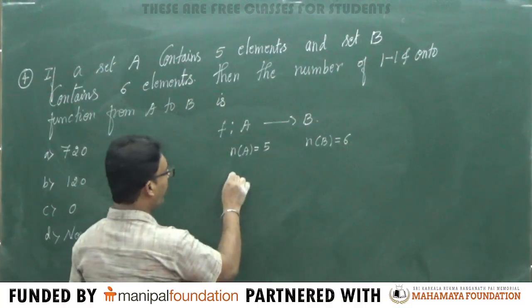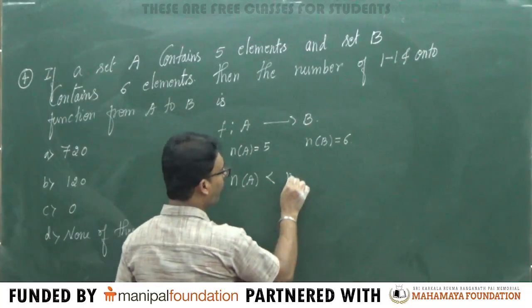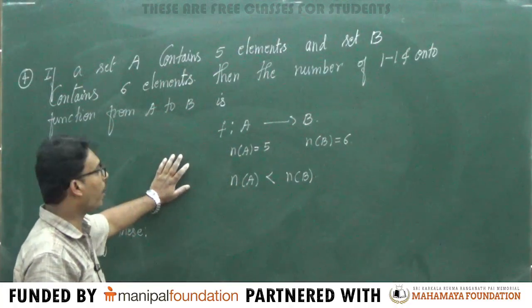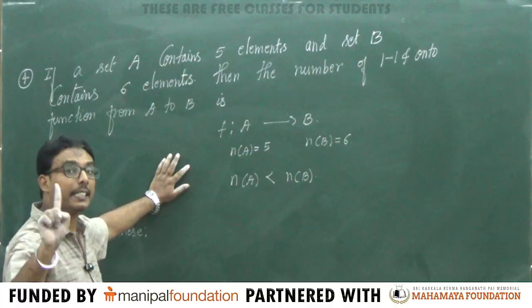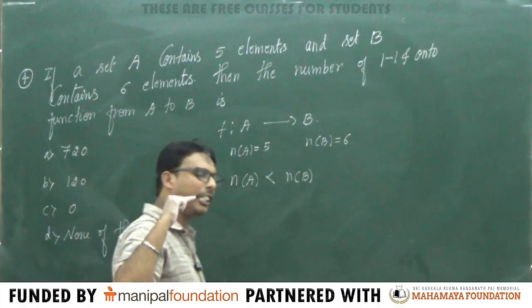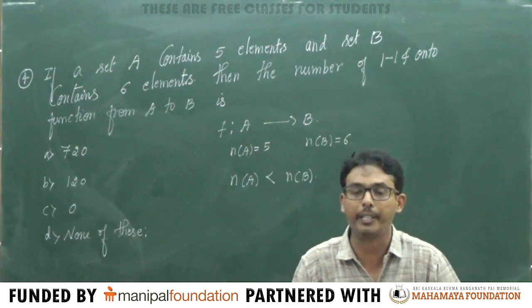Here the number of elements in the domain is less than the number of elements in the codomain. Therefore, the number of onto functions is 0. That means at least one element of the codomain is not an image of any element of the domain set.